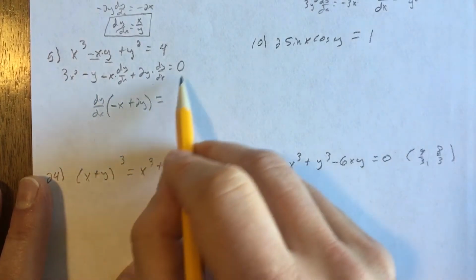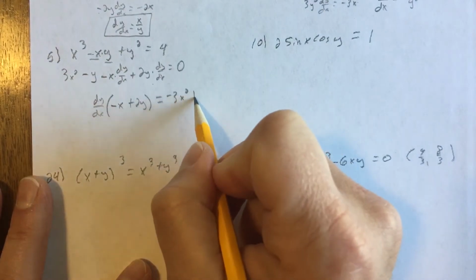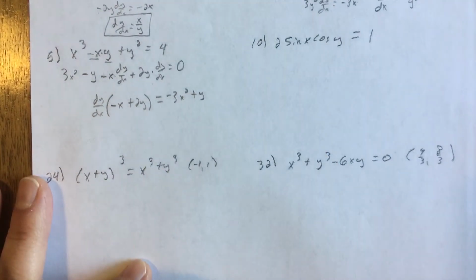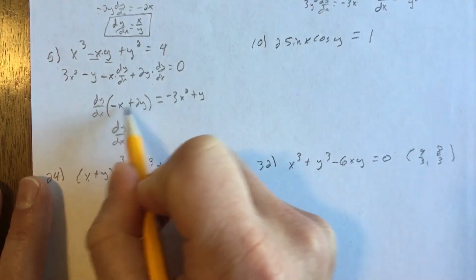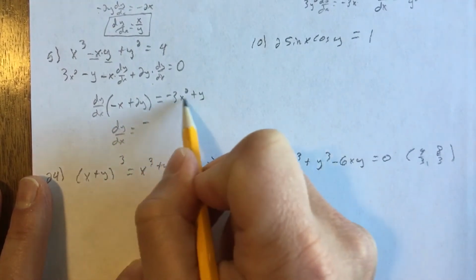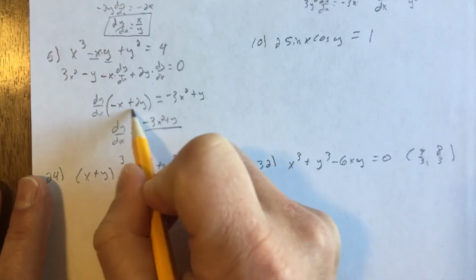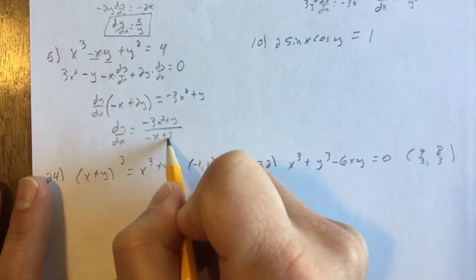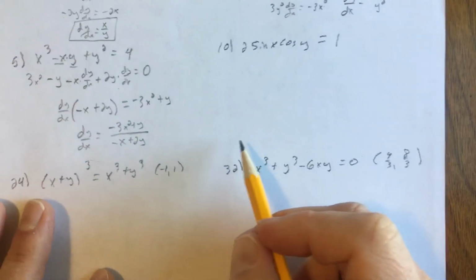So if you subtract 3x squared, and if you add y, you get that. And now I can divide by this term here. And so we'll get the stuff that was over on this side, negative 3x squared plus y, divided by this negative x plus 2y. And then that's our answer for that.